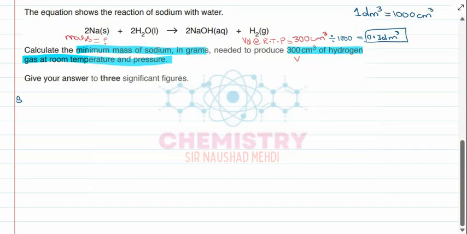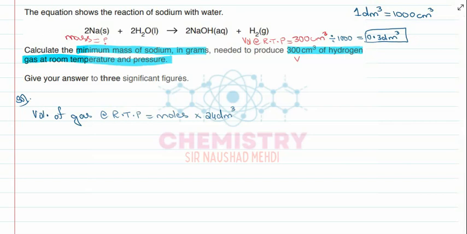So when we start solving it, first of all I will apply the formula for volume of gas at RTP, and that formula is moles multiplied by 24 dm³. Why am I using this formula first? Because the volume is given in the question, which is 0.3 dm³. So I will put 0.3 dm³, the volume of the gas at RTP, equals moles.